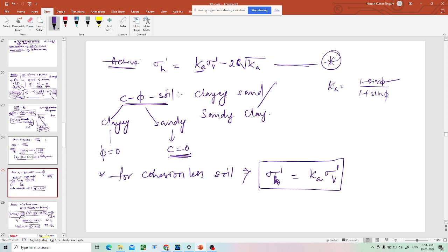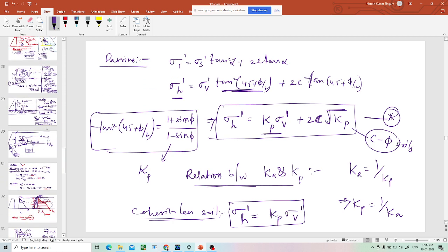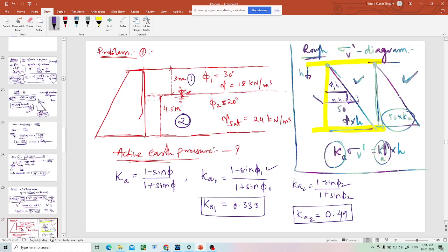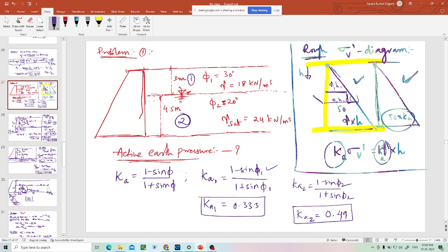So if it is cohesionless soil, that means C equal to 0, then this term will be 0. Then you will be having only this one. So like that we have solved. Then we have solved one problem where there are two different layers, phi 1, phi 2.